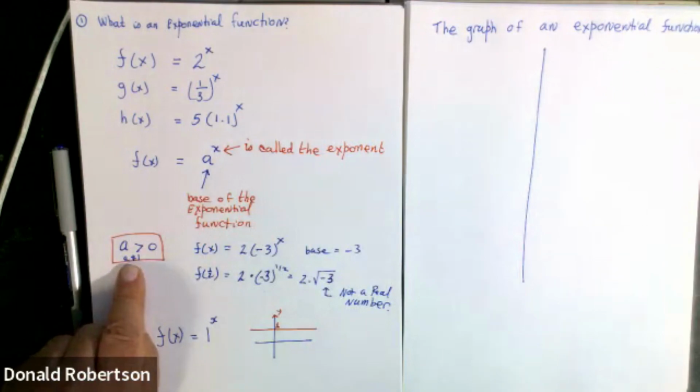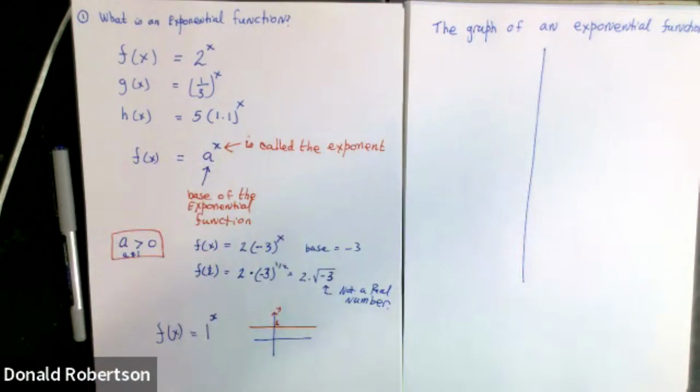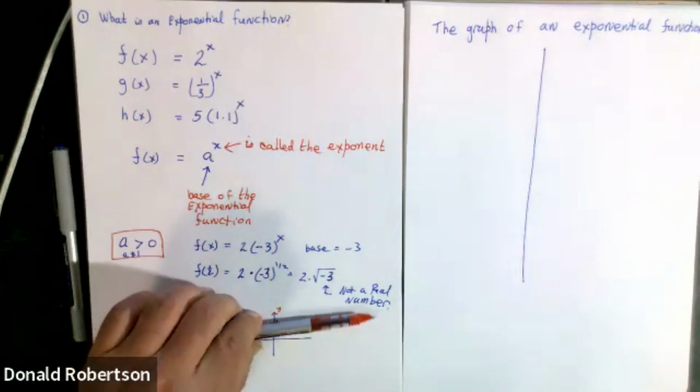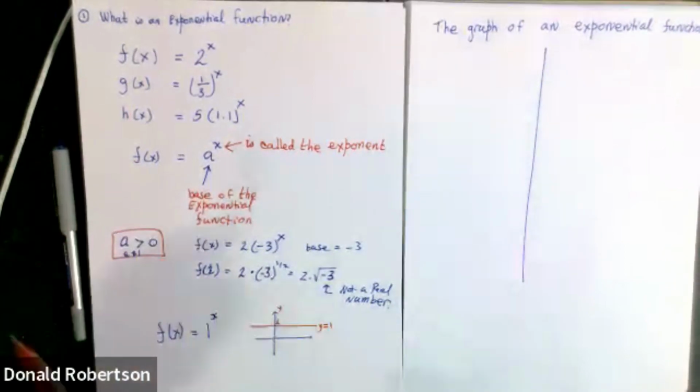The base of an exponential function is not allowed to be 1. Well, if you did make it 1, a to the power of x would become 1 to the power of x. But 1 to the power of x is 1. 1 to the power of 1 is 1, 1 to the power of 20 is 1, 1 to the power of 2.2 is 1. You basically get a horizontal line, the line y equals 1. And that's not really an exponential curve or function, so we won't really consider that.